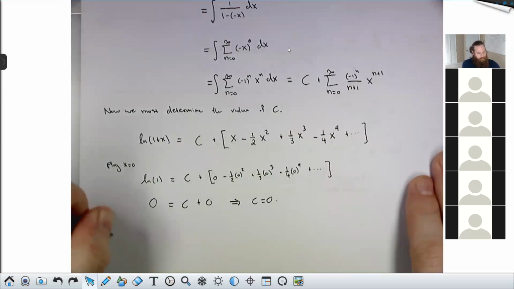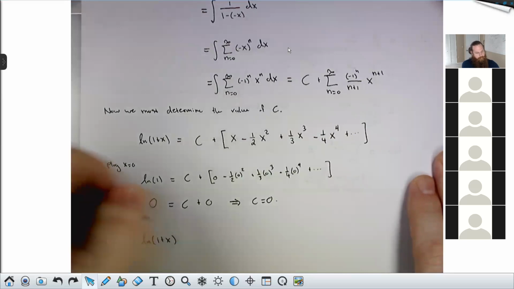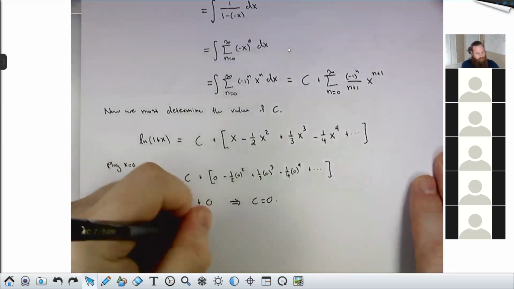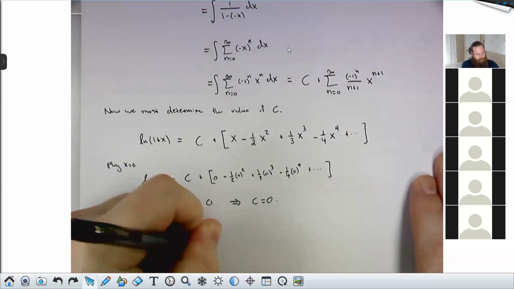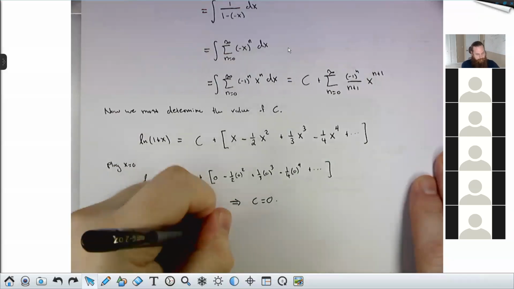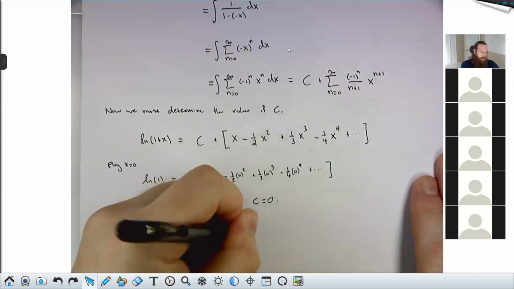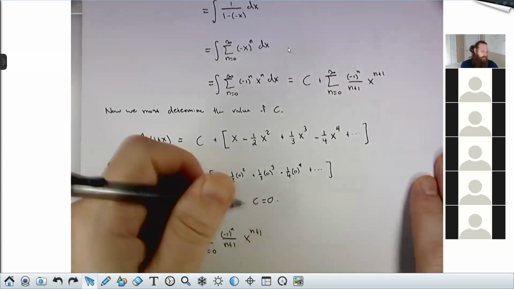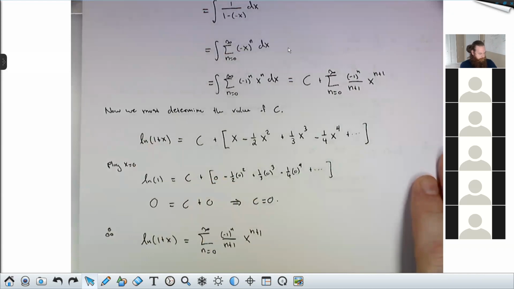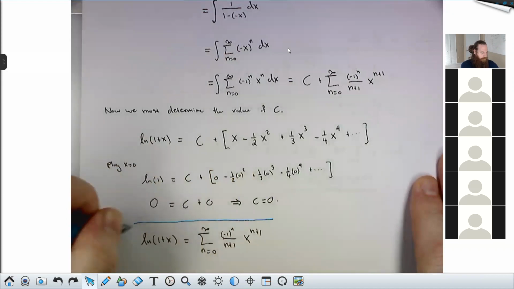Therefore, the natural log of 1 plus x can be written as sigma, right? C is 0, so it's just sigma n from 0 to infinity, negative 1 to the n over n plus 1 times x to the n plus 1. And this is another one of your kind of holy power series.